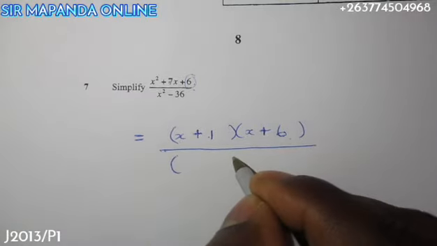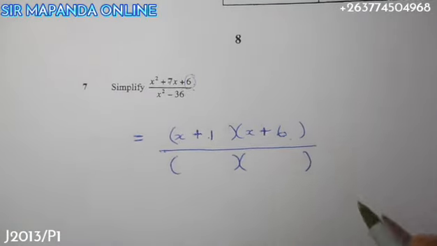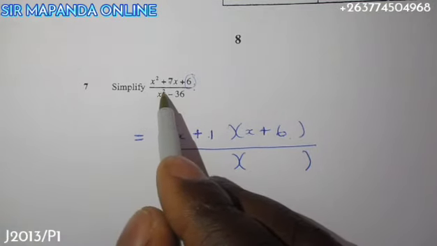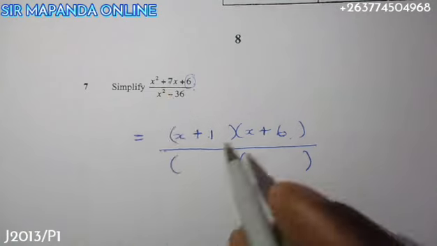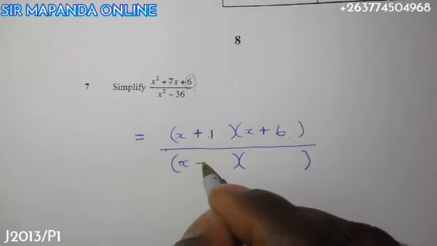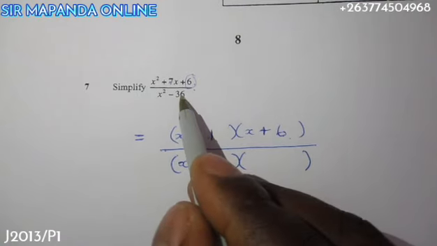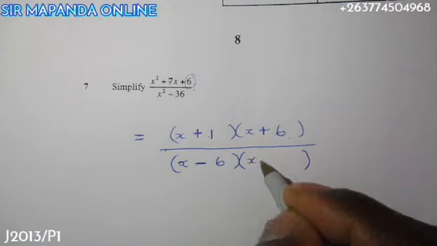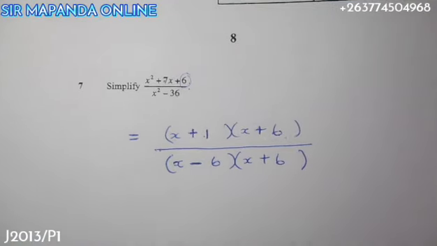So for a difference of 2 squares, you put 2 brackets as well. You find the square root of x squared, which is x. Then you put minus. The square root of 36 is 6. Then in the other bracket, you write x plus 6.